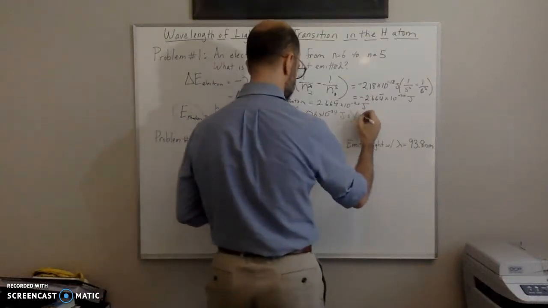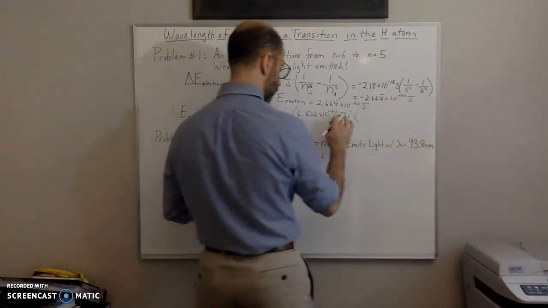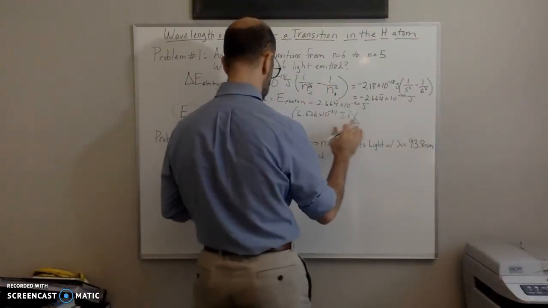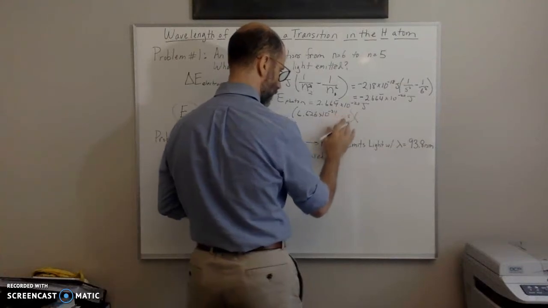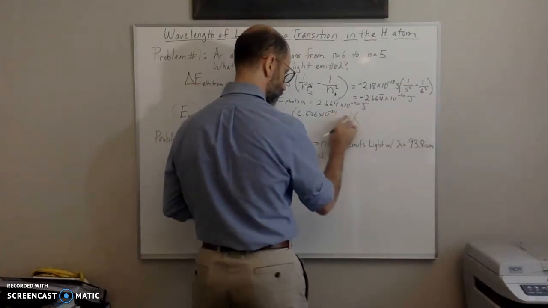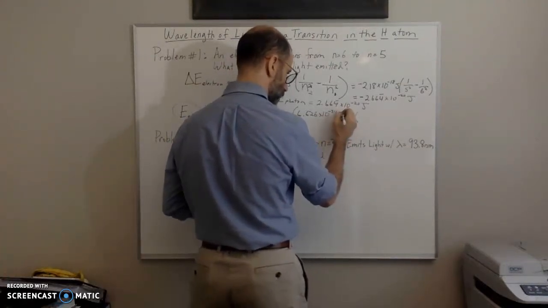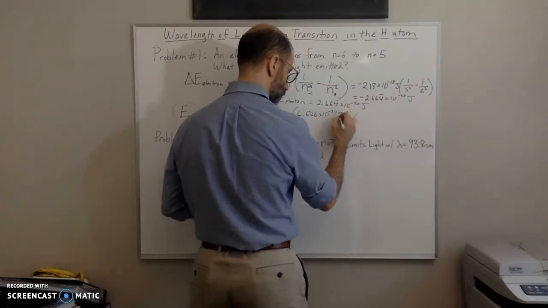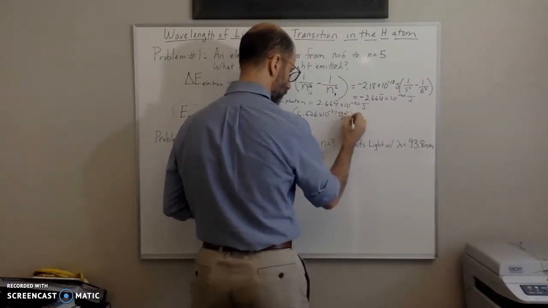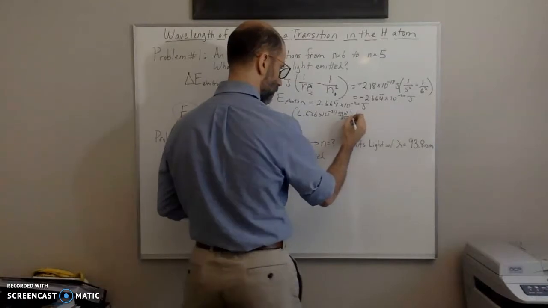multiplied by c. If we remember, the joule seconds is actually kilograms times meters squared over second squared times seconds.